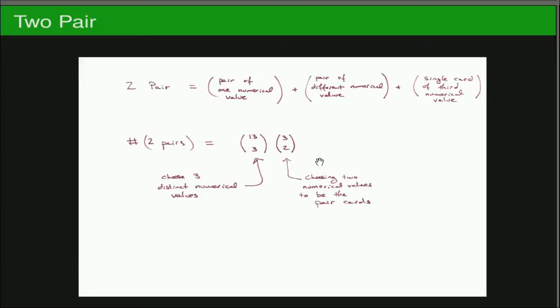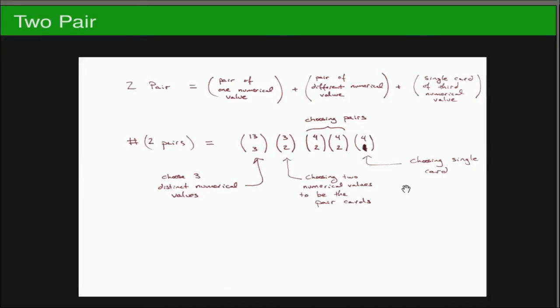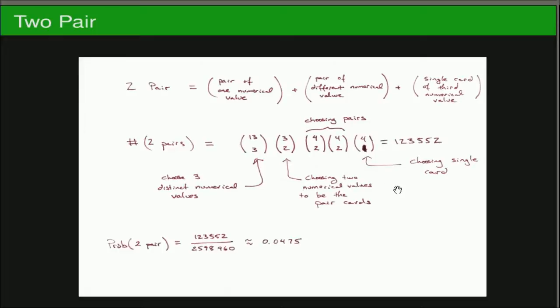And then in choosing the pairs, we've got 4 suits for each card, and we want to choose 2 of them. So 4 choose 2 for the first pair, 4 choose 2 for the second pair, and then finally, for the last card, we've got 4 different suits, and we just want to choose one of those cards. And so that's going to give us 4 choose 1.